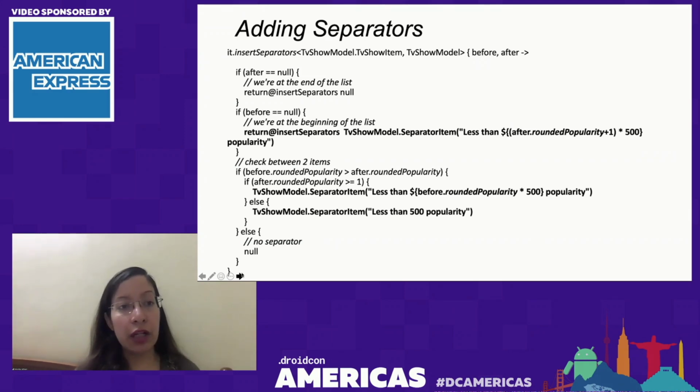If before is null, we are at the beginning of the list, so if you want to insert something at the beginning, you can do it here. And if you want to insert something between two list items, you can, like here, where I've applied an if condition checking the popularity of before and after, and if there's a difference in their popularity, I add a separator item.